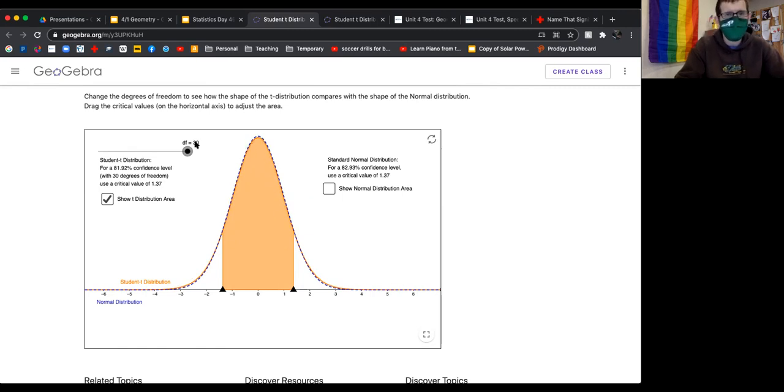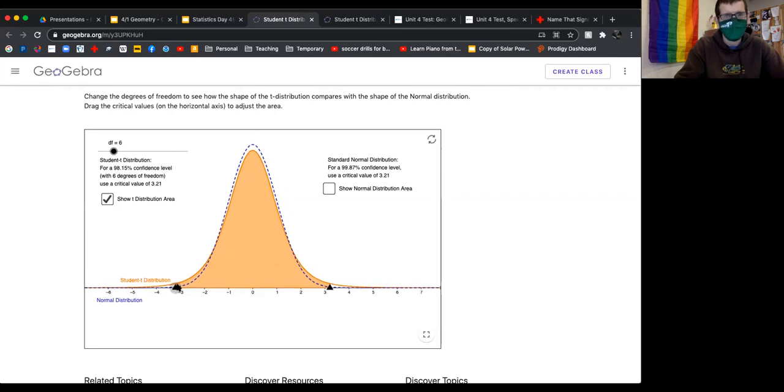But here's the key difference. Notice for all of these, the tails are fatter. All right. And what this means is that in order to capture 95% of the data, I actually have to make my critical value bigger than I would for a normal distribution.